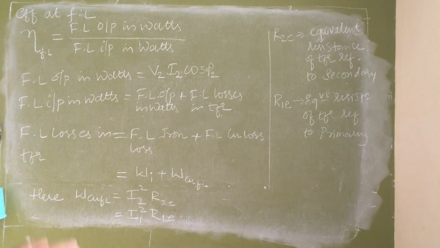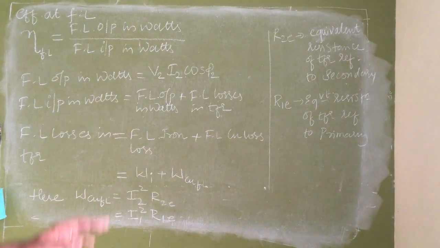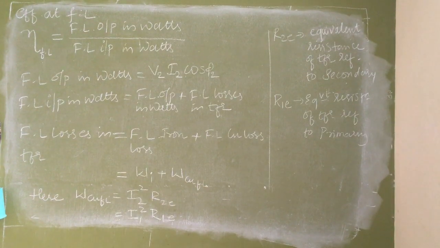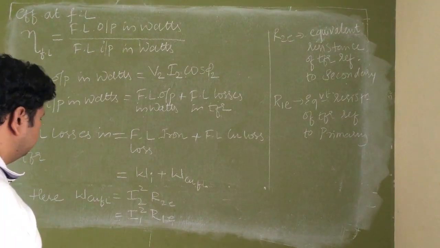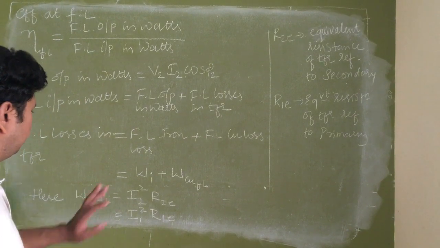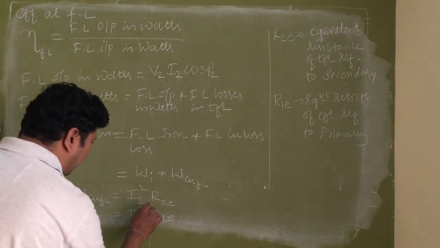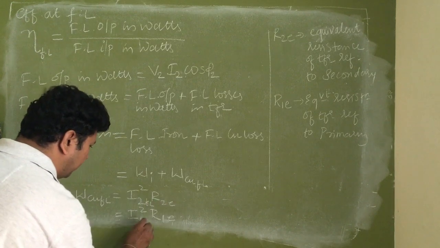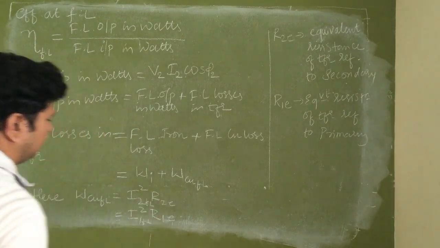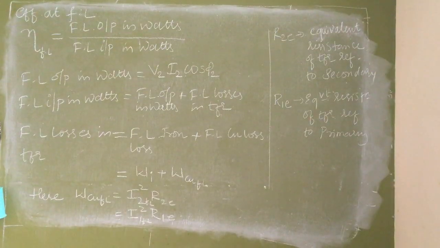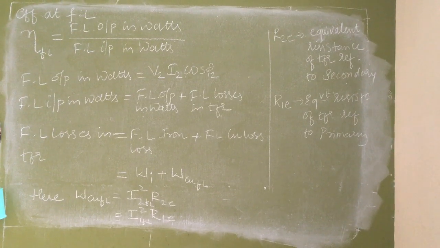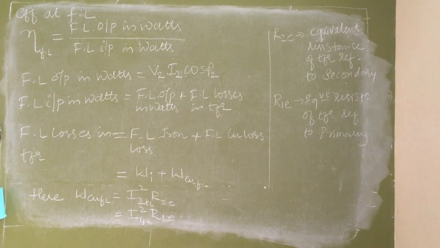So we will restrict ourselves to only remembering what it means. So this is full load copper loss. Here this will be I2 full load square R2E, I1 full load square R1E.